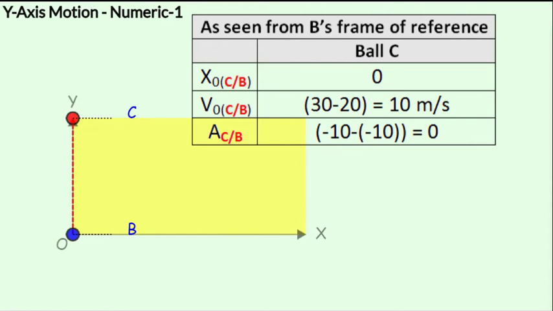So we could really work it out without pen and paper, and the separation in 3 seconds at a uniform velocity would be 30 meters, since according to B, C is moving away at 10 meters per second. But let's substitute these values into the equation anyway.